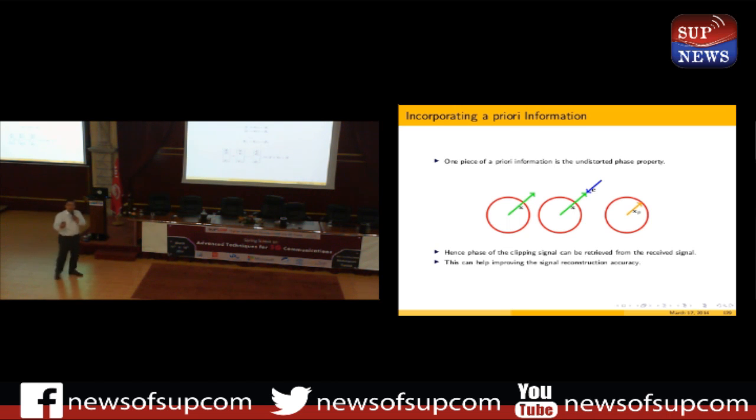What's interesting here is that it's kind of counterintuitive to think that multiple antennas help me with PAPR reduction. If we always did PAPR reduction at the transmitter, definitely multiple antennas at the receiver would not help me. But now that I'm looking at PAPR reduction at the receiver, then multiple antennas will help me. Of course, I can do all this complex processing at the receiver because I'm doing it where?